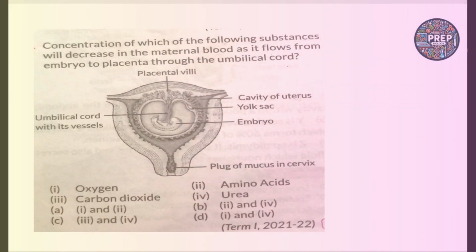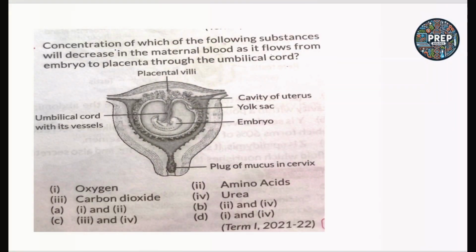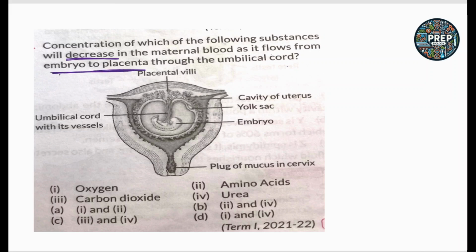The next question is, the concentration of which of the following substances will decrease in the maternal blood as it flows from embryo to placenta? This is the structure of the fetus in the uterus of the female. Through the umbilical cord, the materials are exchanged between fetus and mother.